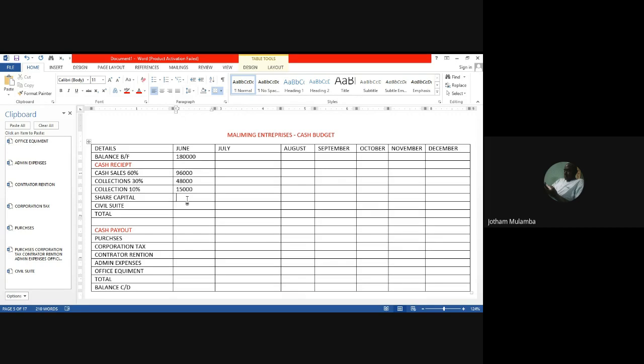Somebody to read for us the additional information on share capital. Shareholders at their last extraordinary general meeting increased share capital by 70,000.